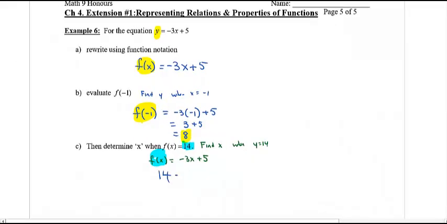And now go ahead and solve. Subtract 5 on both sides. Divide by negative 3, and you get the x value being equal to 3. Okay? A very key example to understand function notation.